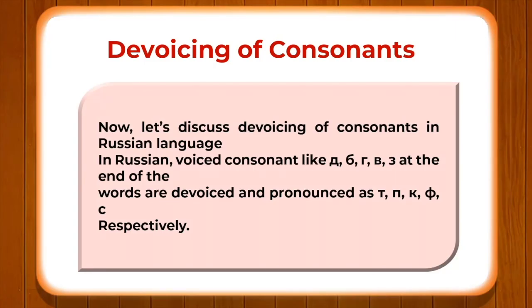So, an ending de would sound like te, an ending be would sound like pe, an ending ge would sound like ke, an ending ve would sound like f, and an ending z would sound like s.